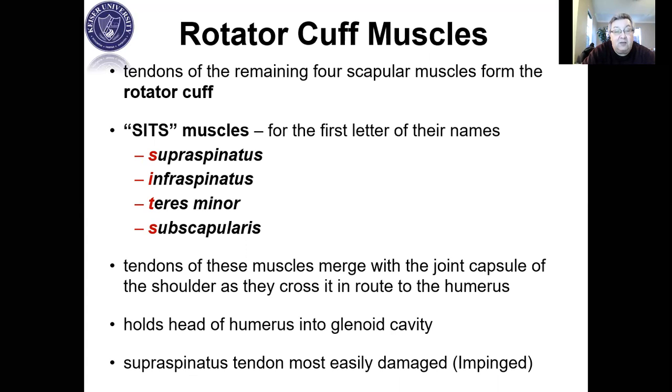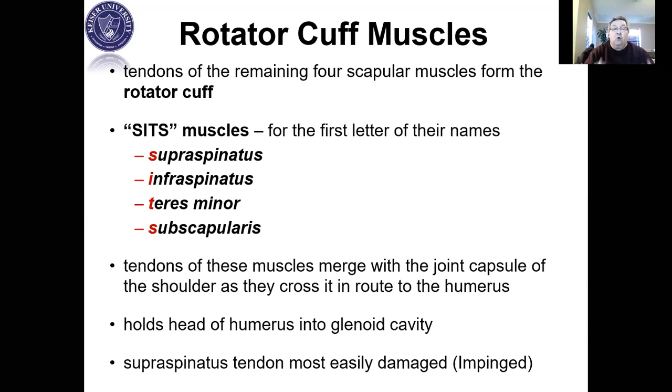The first three muscles, supraspinatus, infraspinatus, and teres minor, have an insertion on the greater tubercle of the humerus, and the subscapularis has an insertion on the lesser tubercle of the humerus. Most of these muscles have different actions. You're going to need to know everything about these four muscles.